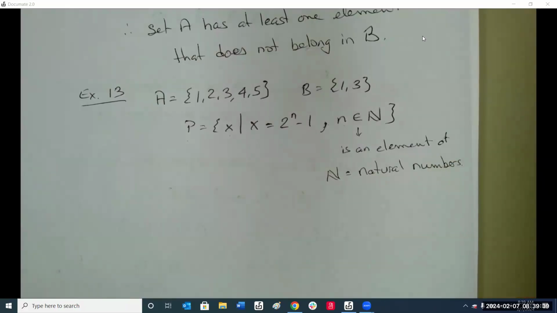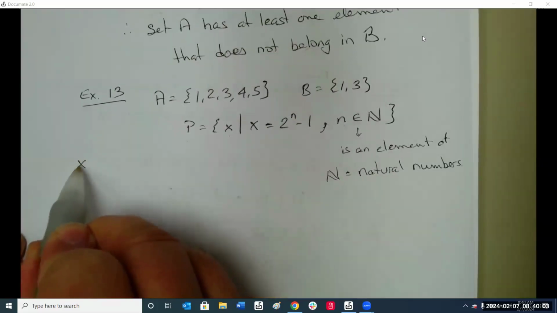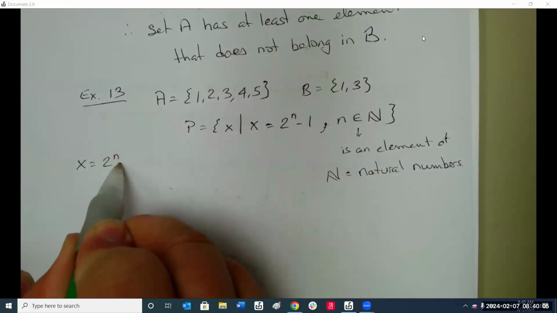What is a natural number? Counting numbers. 1, 2, 3, 4, 5, and so on. So the reason for that is whenever we're counting or we have sets, you can't have negative sets. You can't have a negative number of elements in a set. So like for here, so we said X equals 2n minus 1.